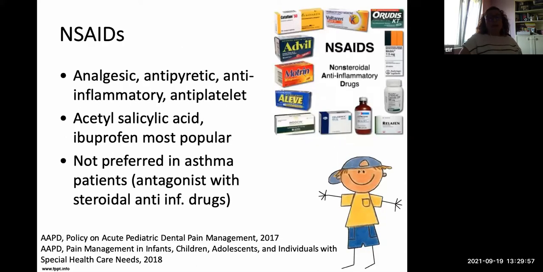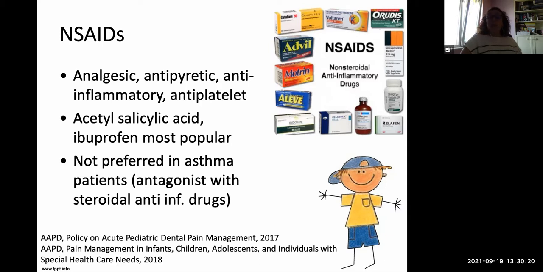Non-steroidal anti-inflammatory drugs are another choice. In children, we might prescribe this kind of drug also. They have analgesic and antipyretic effects, and in addition to the paracetamol group, they also have anti-inflammatory and antiplatelet effects.